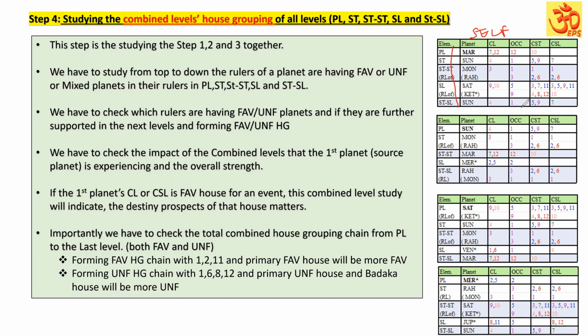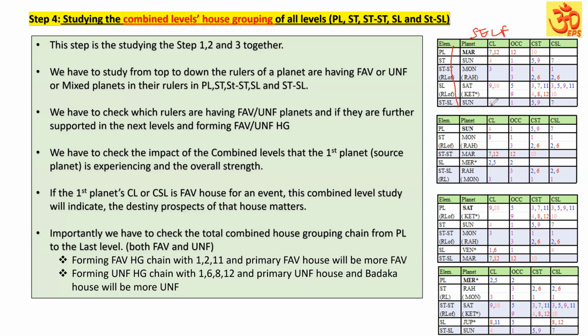They will definitely have some impact on this planet, but prior to that, their self-signification strength has to be studied. That's what we have studied. Once we study step number 5 and 6, the support planets and their ruler link impact, then we can arrive at the complete strength and weakness of the particular planet.